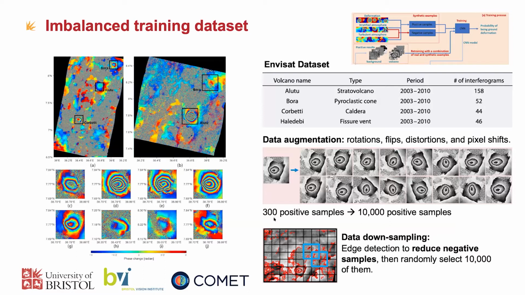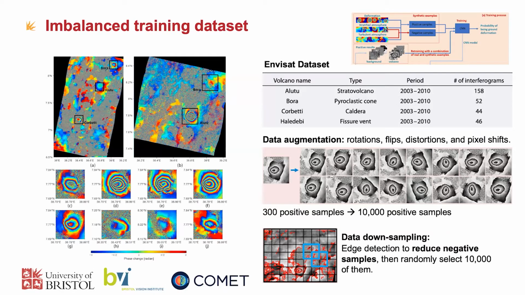We have only 300 positive samples, and we use data augmentation to increase the data. How do you do that? You can use rotation, flip, distortion, or sometimes put some noise in, and that works, so you can get up to 10,000 positive samples.